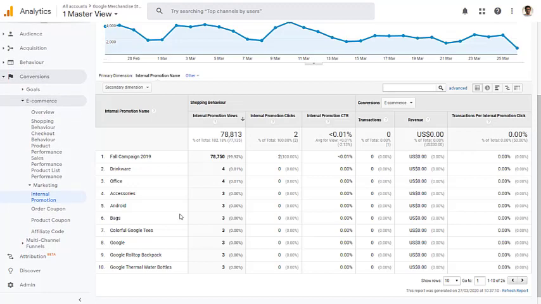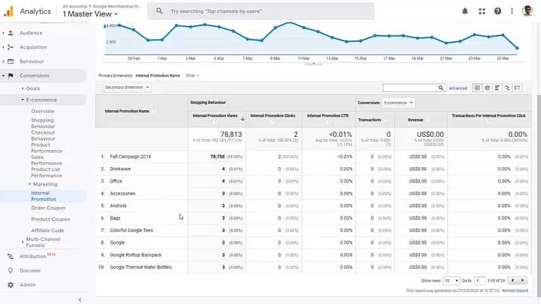Now, this report may not make sense to you. The reason is you don't know what fall campaign 2019 is. But for end users, webmasters, they know what fall campaign 2019 is. That gave me an impression of 78,000.